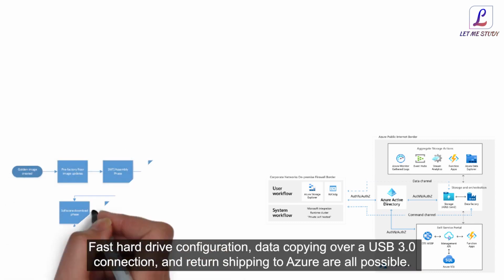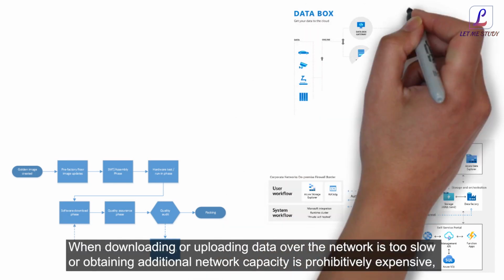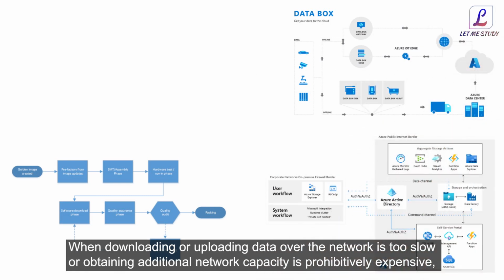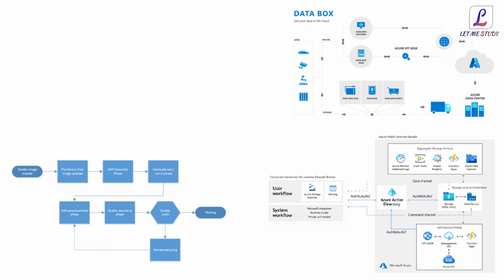Fast hard drive configuration, data copying over a USB 3.0 connection, and return shipping to Azure are all possible. When downloading or uploading data over the network is too slow, or obtaining additional network capacity is prohibitively expensive, take into account using the Azure Import/Export service.